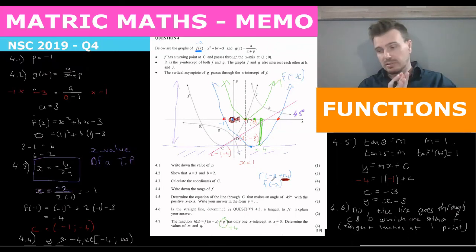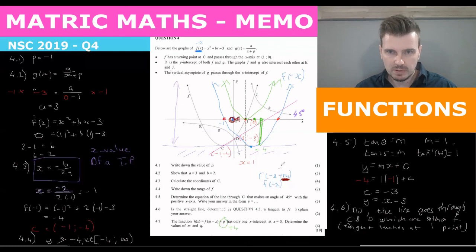So let's rather say to the right is negative, and backwards to the left is positive. So I'm shifting it backwards. So I'm shifting it positive 1. So M is 1 to shift it to the left.